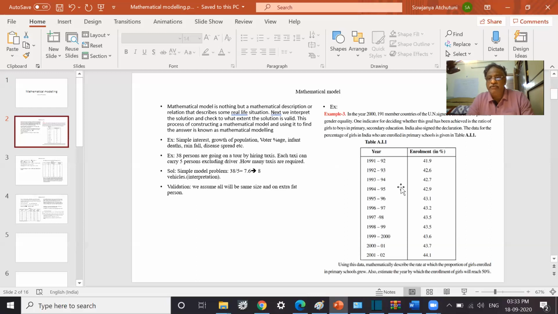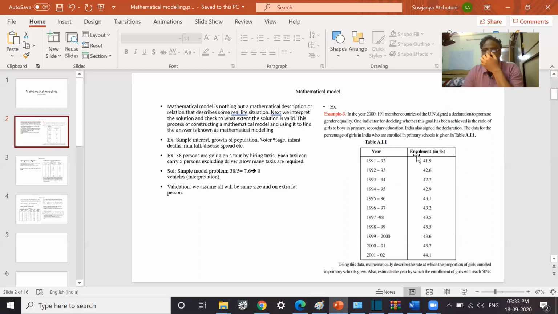Let us see a real life example here. These are the 10 years of data given for the percentage of girls joining primary education. So 42% girls means around 58% boys. Here 56.5% boys and 43.5% girls.